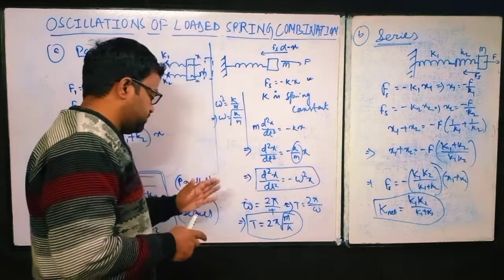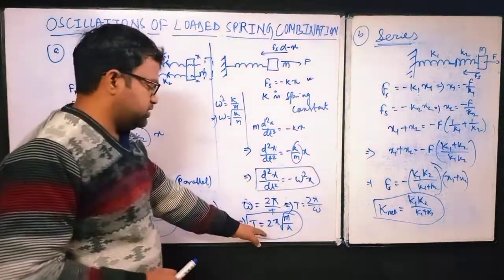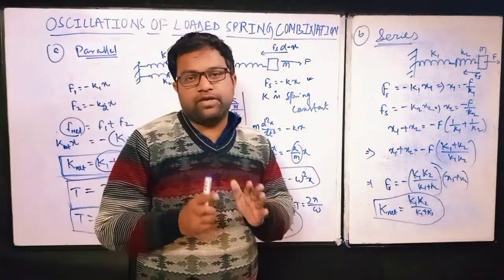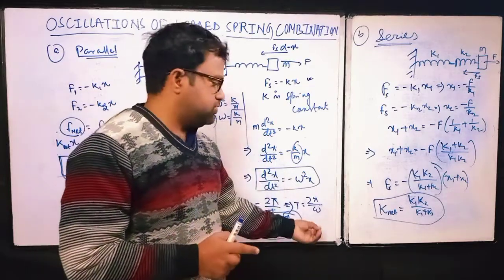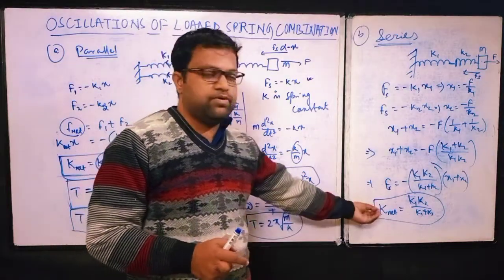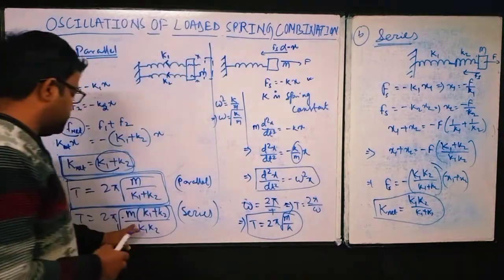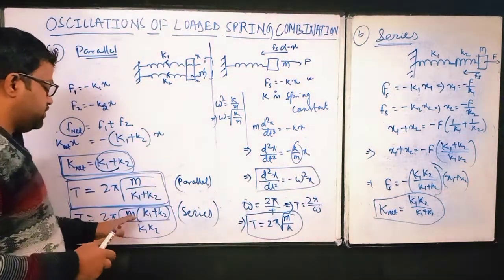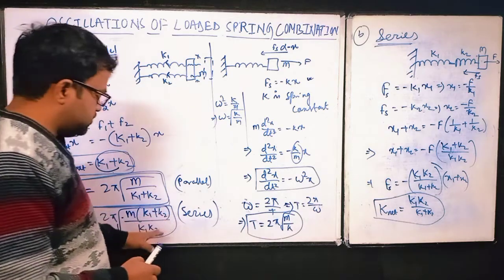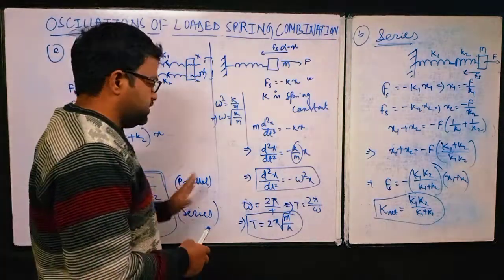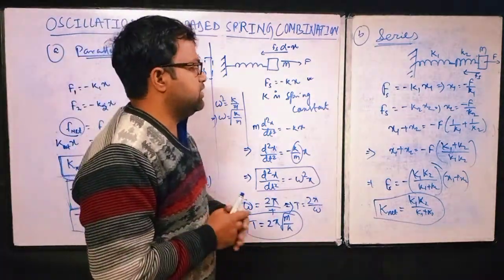Now from our equation, the time period equals 2 pi root m by k, so putting the value of k for the series combination, K1 K2 by K1 plus K2, we get 2 pi under root m times K1 plus K2 by K1 K2. So these things we derived today.